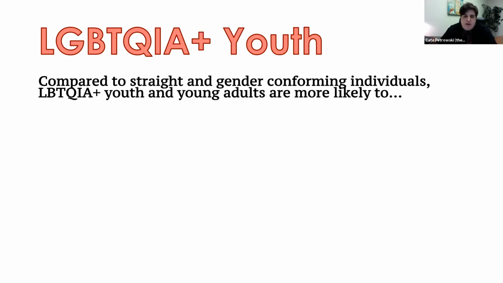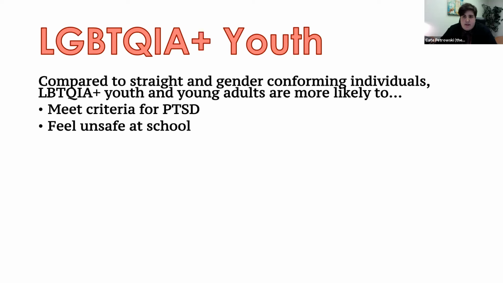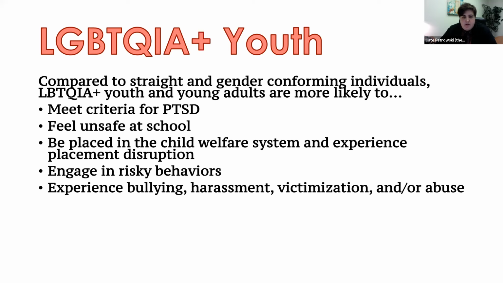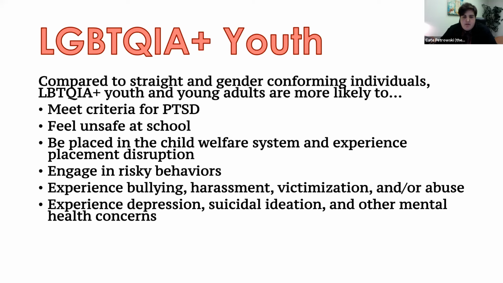Compared to straight and gender conforming folks, LGBTQ youth and young adults are more likely to meet criteria for PTSD. They are more likely to feel unsafe at school, to be placed in the child welfare system and experience placement disruption, to engage in risky behaviors, experience bullying, harassment, victimization, abuse, and mental health issues like depression or suicidal ideation, and also more likely to attempt suicide.